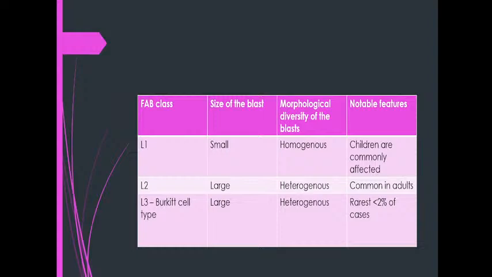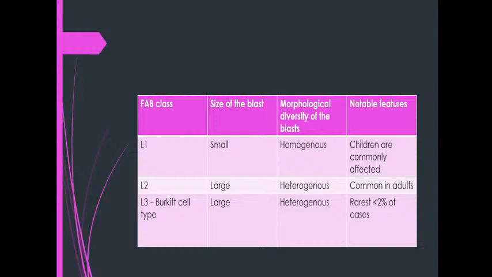Patient is a case of... example: a 5-year-old patient with small blast cells of lymphoid origin seen in the patient's peripheral blood smear.